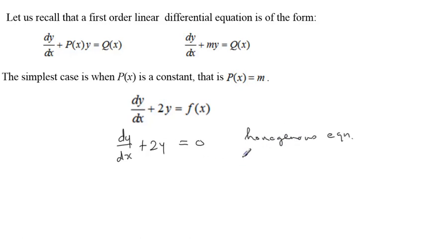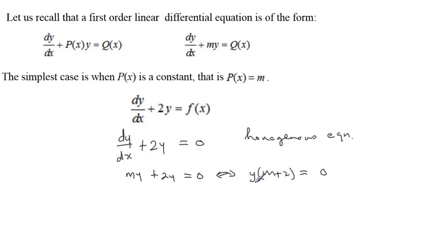I'll come back again to this concept of homogeneous equation. What we then did was reduce an equation like this to an algebraic equation, which is m y plus 2y equals 0, whereby we could factorize this and write it equivalently as y(m plus 2) equals 0.